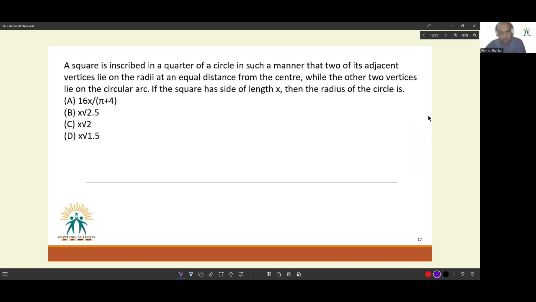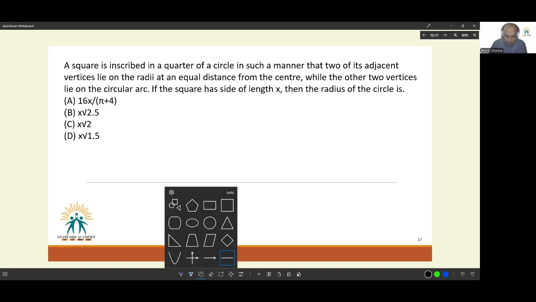Next, a square is inscribed in the quarter of a circle in such a manner that two of its adjacent vertices lie on the radii at an equal distance from the center, while the other two vertices lie on the circular arc. If the square has a side of length x, then the radius of the circle is. Okay. Is there a way I can make the radius?